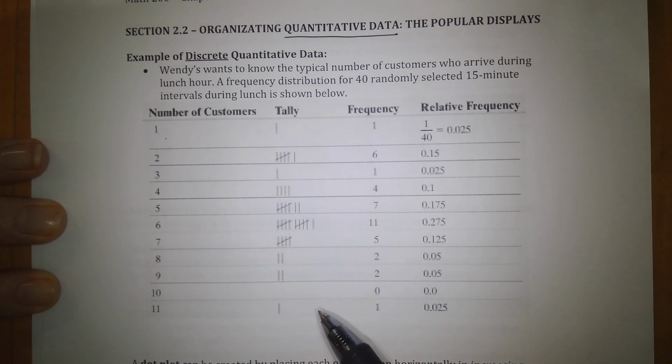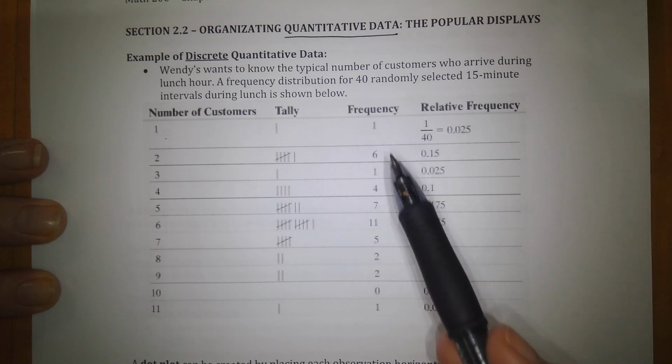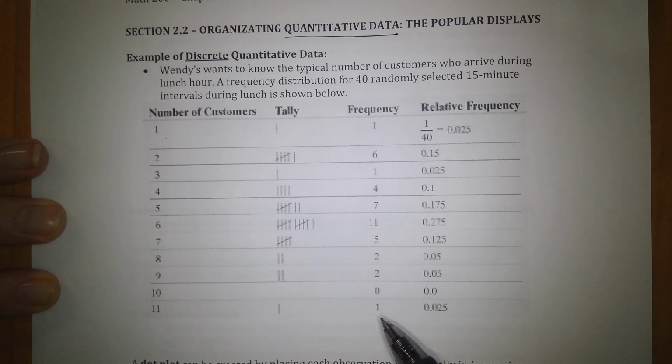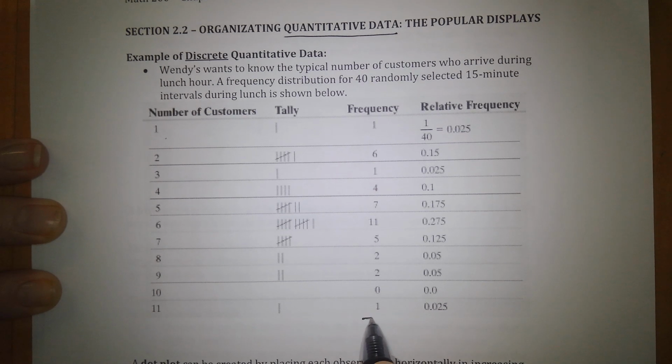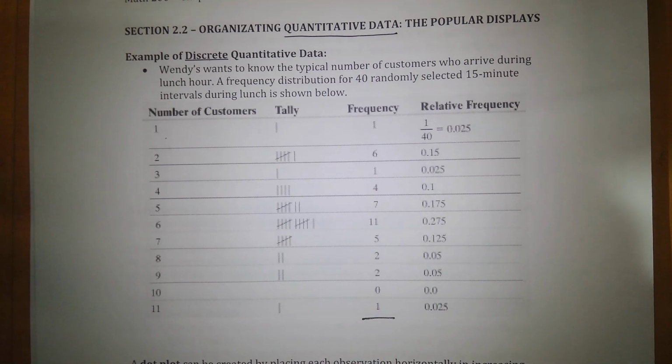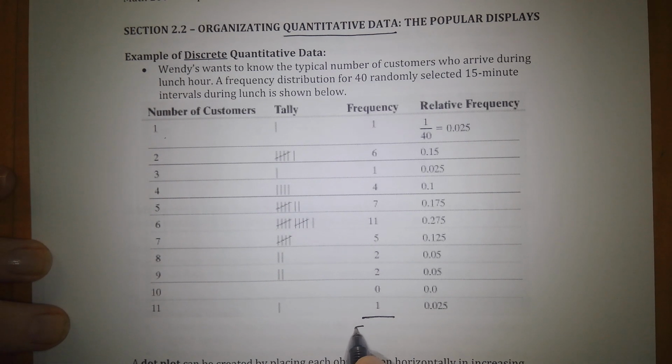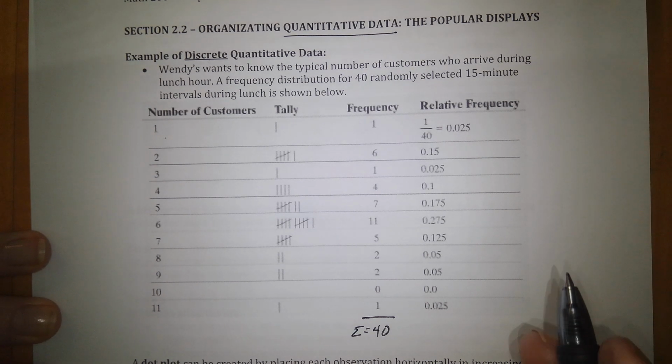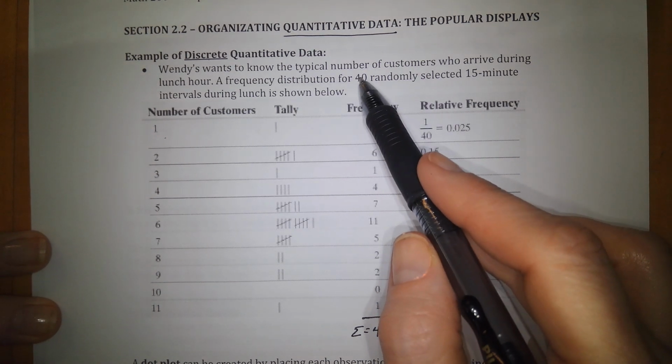So if I counted all of these tallies, or in other words, all of these frequencies, you're going to see that there were a number of people that came to the Wendy's in this particular time. If we counted all of these up, you would see that we would have 40. Okay? 40 different intervals.